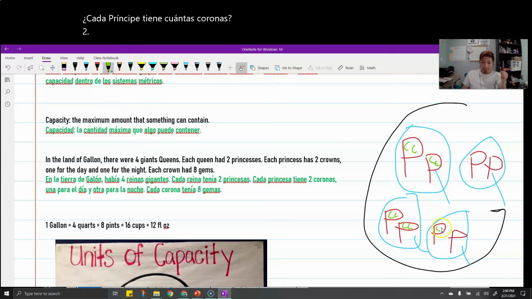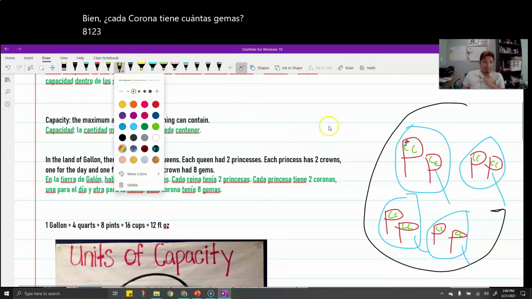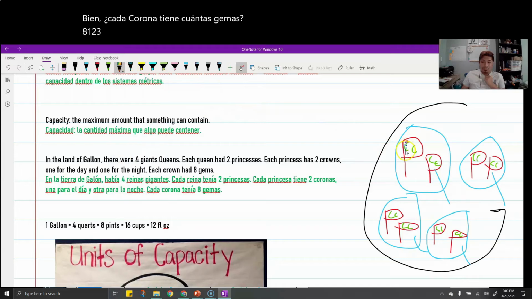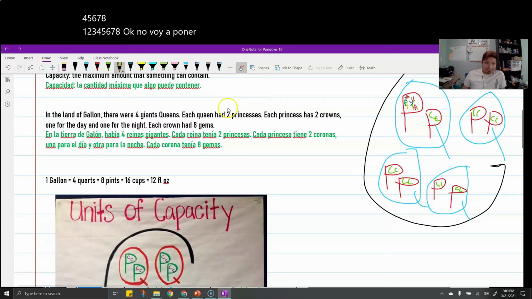One for the day, one for the night. And each crown has how many gems? 8. 1, 2, 3, 4, 5, 6, 7, 8. Okay, I'm not gonna put all the gems, but that's what that means, okay?